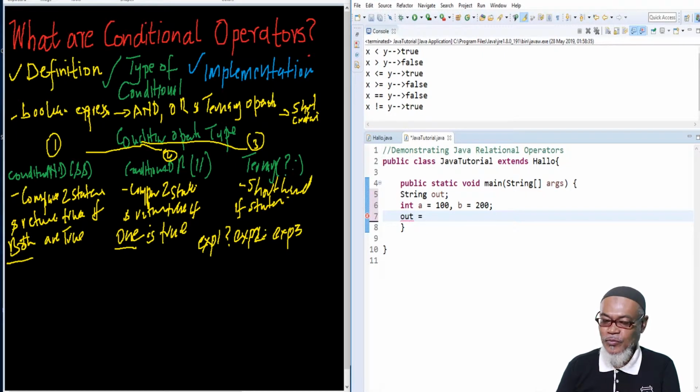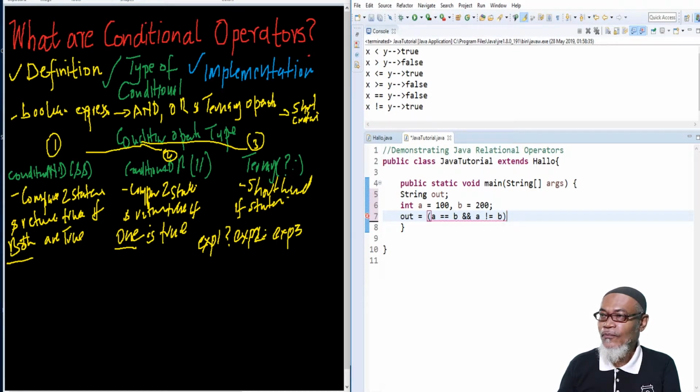I'll have my first expression here: a equals equals b, and I'm using the logical and, a is not equal to b. Both of them have to be true.